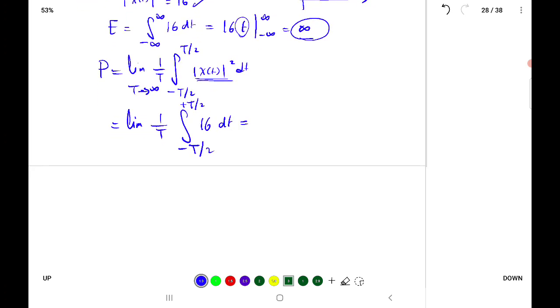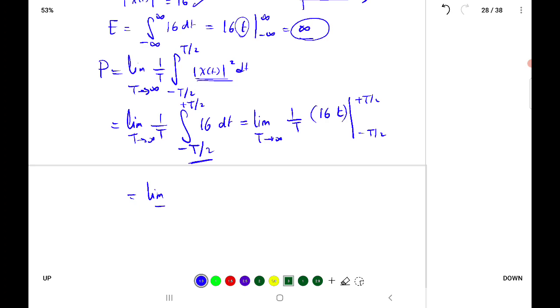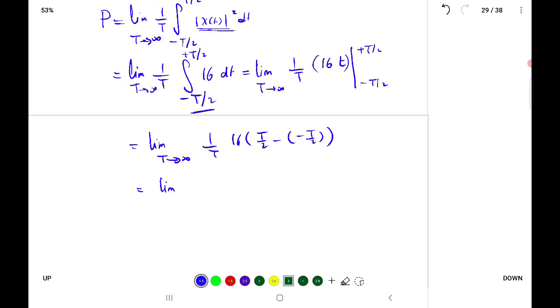Oh, it's easy to integrate. So it will be the limit when T goes to infinity of 1 over T, and the integration will be 16t, with the limit from negative T over 2 to positive T over 2. So it will be equal to the limit of 1 over T and 16t, substituting one time T over 2 minus negative T over 2, equal to the limit of 1 over T, when T goes to infinity.